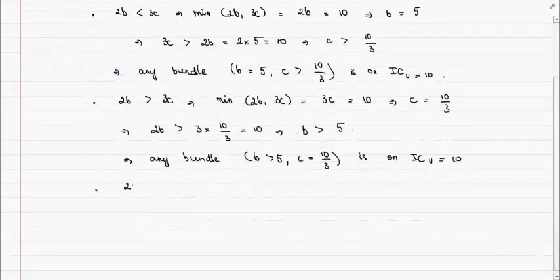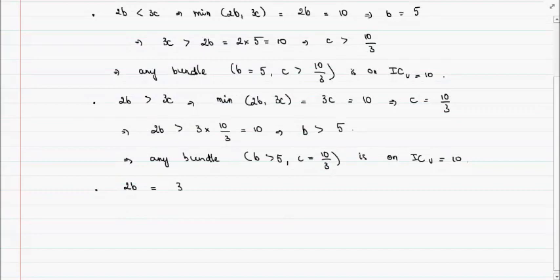The third case is where 2b equals 3c. If that's the case, then the minimum of these two is equal to 2b, and that is also equal to 3c. If I equate that to 10, I find that b equals 5 and c equals 10/3.